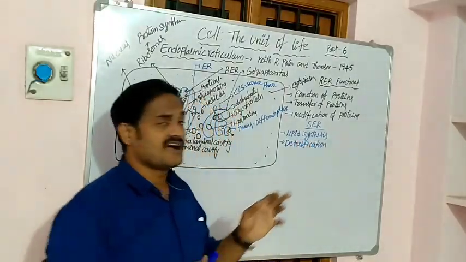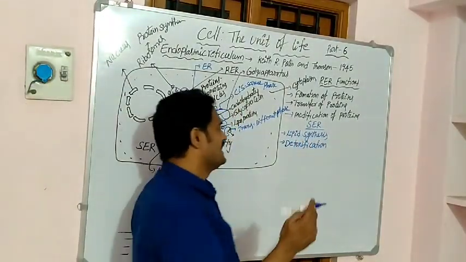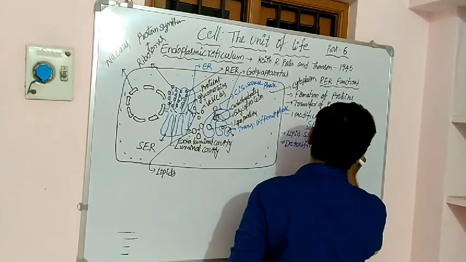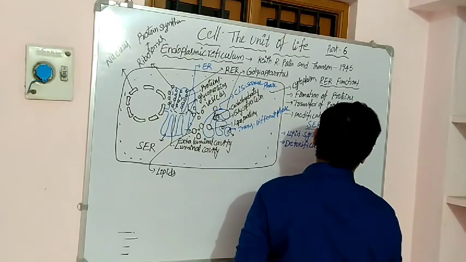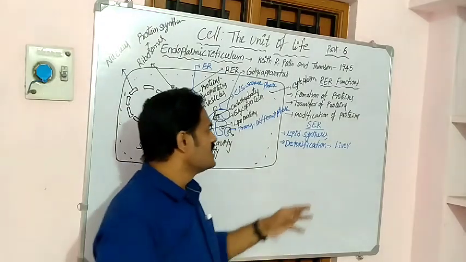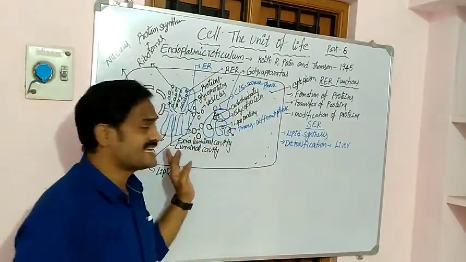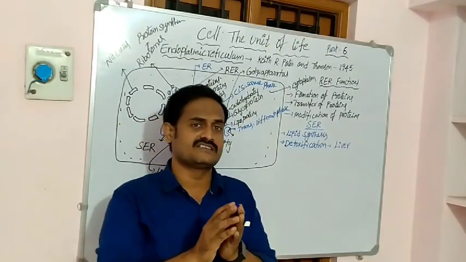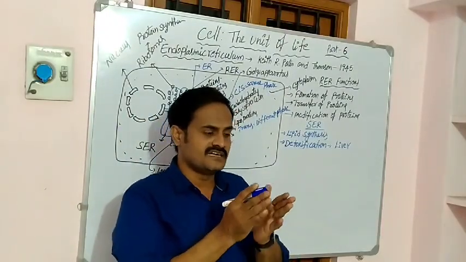This detoxification occurs mostly in the liver. In which organ of our body? The liver. That means the liver cell consists of a rich amount of SER. Remember, where detoxification occurs, that means the liver.